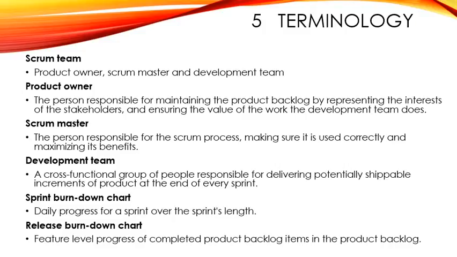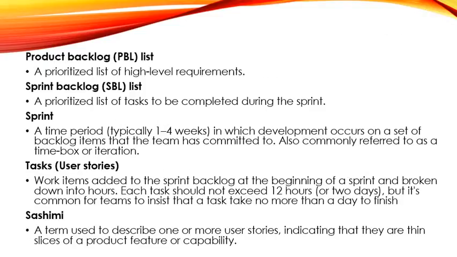Sprint burndown chart, daily progress for a sprint over the sprint's length. Release burndown chart, future level progress of completed product backlog items in the product backlog. Product backlog list, a prioritized list of high-level requirements.